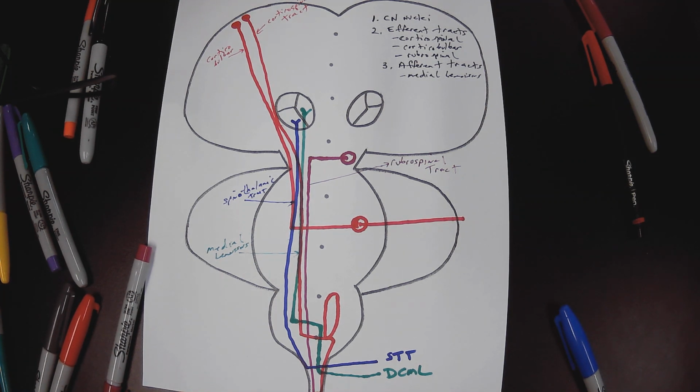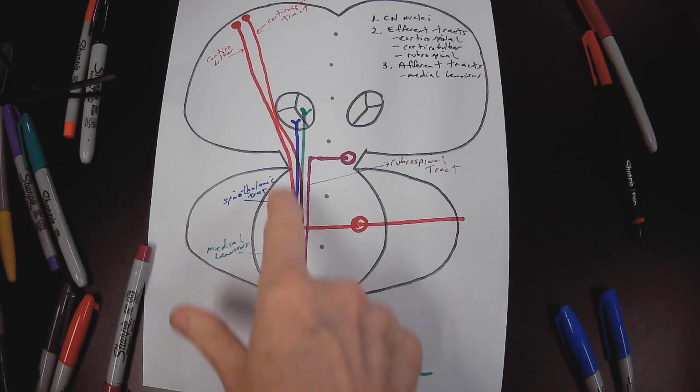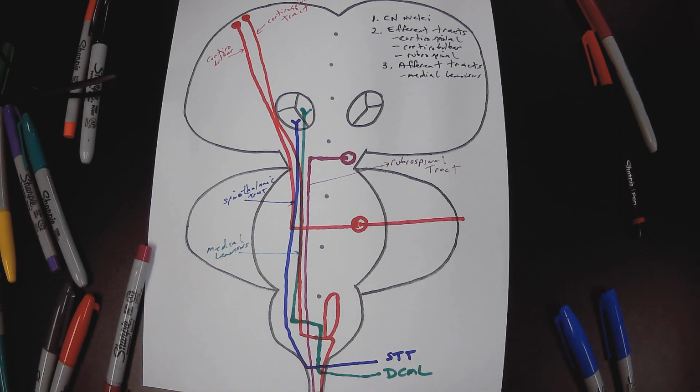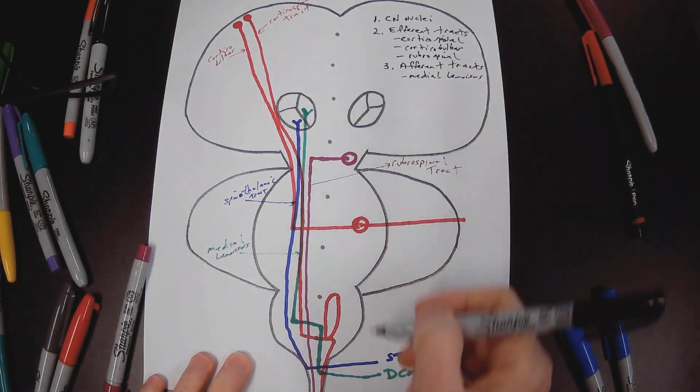Okay, and we also talked today for the first time about the tract that travels up through the brainstem that's responsible for receiving sensory information from the head and face area. Does anybody remember what that one is? Perfect, trigeminothalamic tract. It's kind of crowded in here, so I'm just going to put it over here. So we have your medial lemniscus.